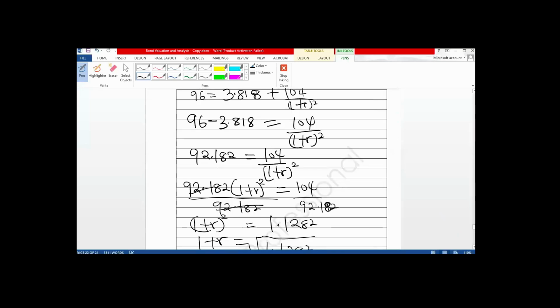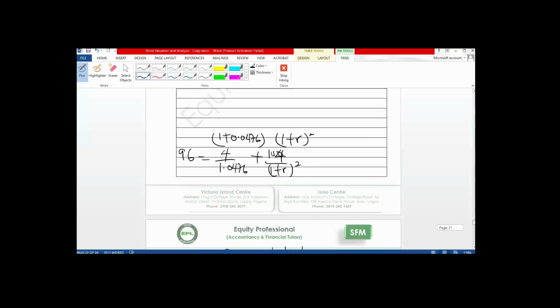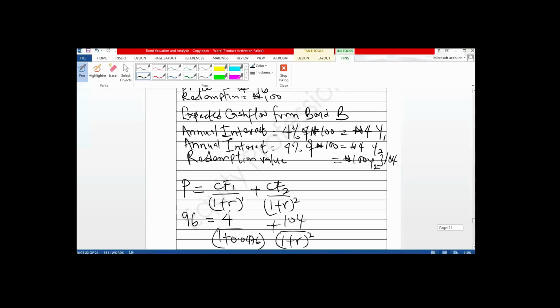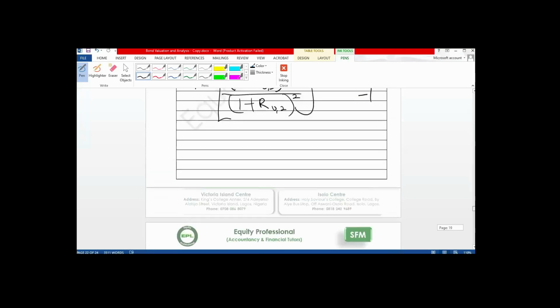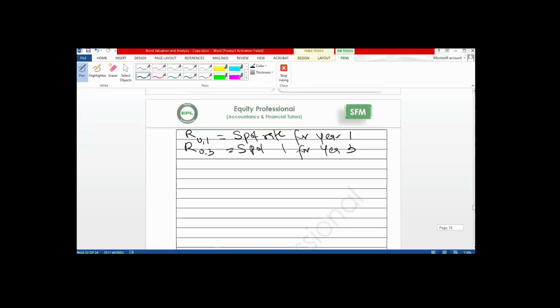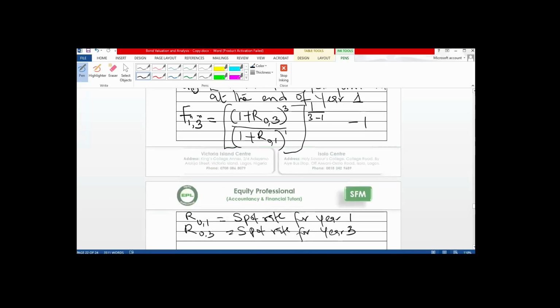You can now return up. We have gotten the spot rates for year 1, 2, 3. I can return to my formula now. Spot rate for year 1, 4.76%. For year 2, 6.3%. Sorry, for year 3, 6.8%.